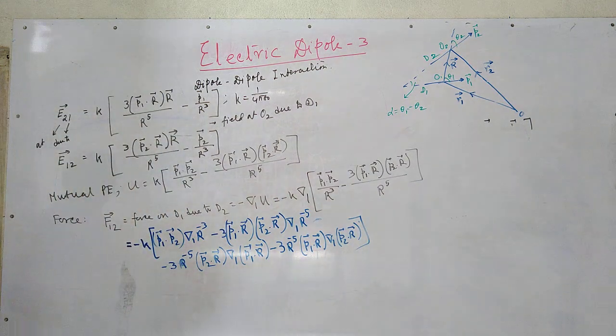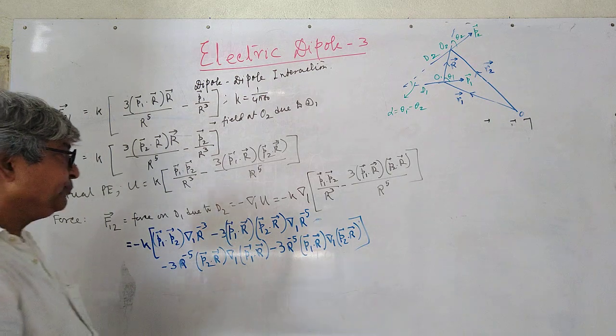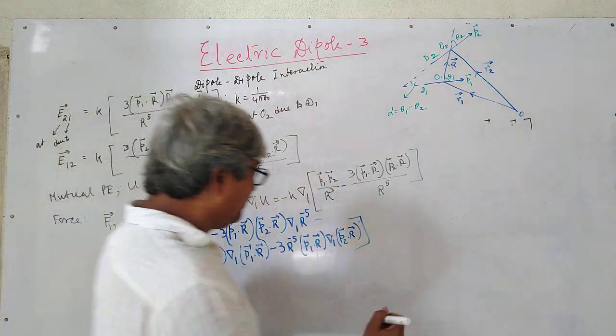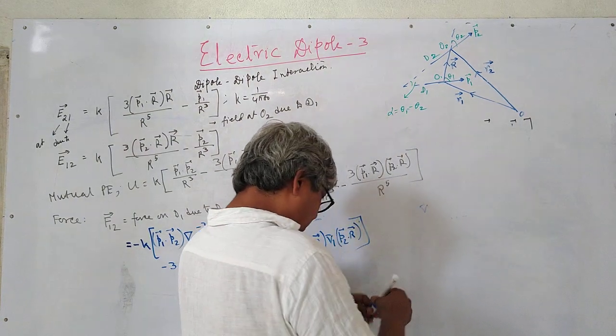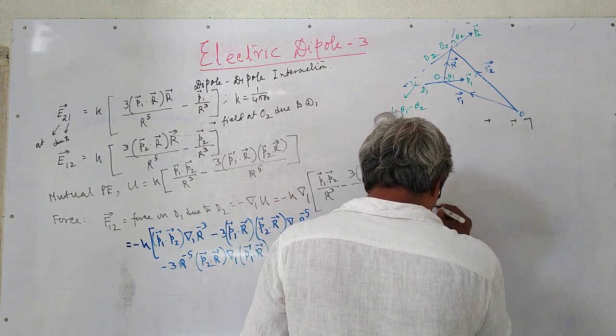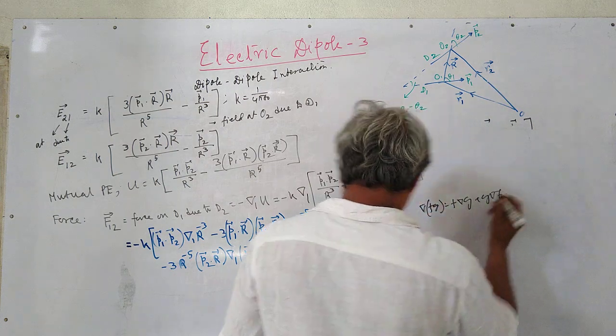Let me explain once more. Since the dipole moments are assumed to be fixed, we have used this expression: gradient of f times g is equal to f times grad g plus g times grad f.